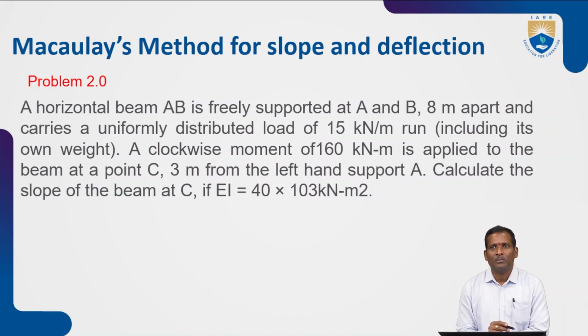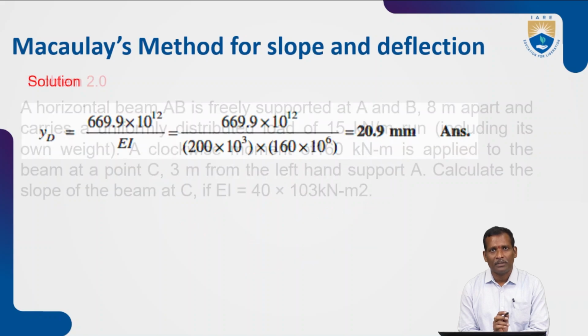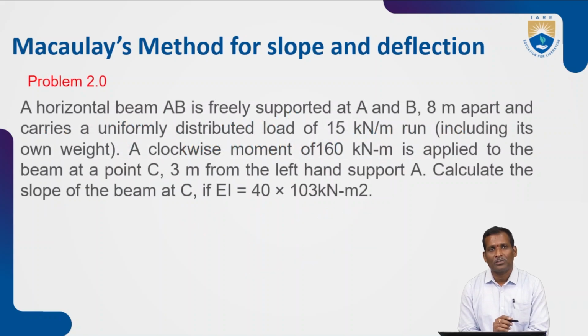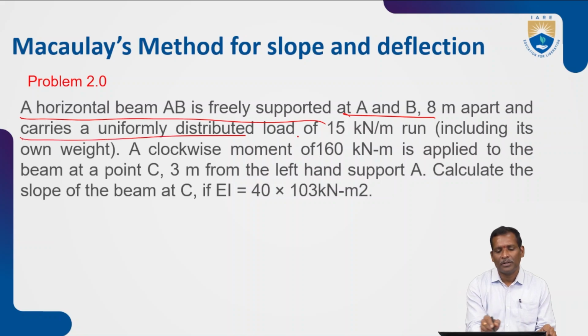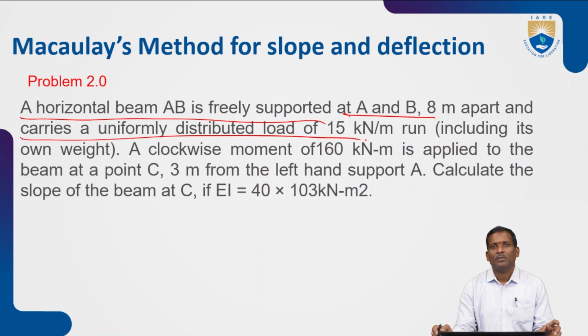Problem 2. In the first problem I only asked for deflection, but in this one you need to calculate slope. A horizontal beam AB is freely supported at A and B, 8 meters apart, and carries a uniformly distributed load, so not a point load, of 15 kilonewton per meter, including its own weight.